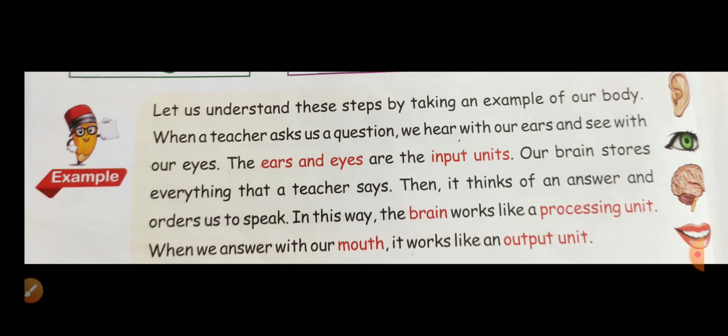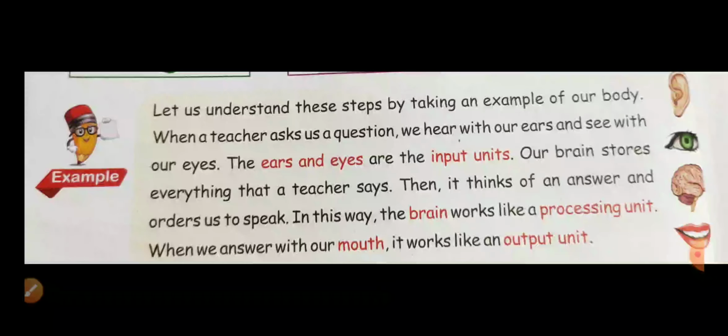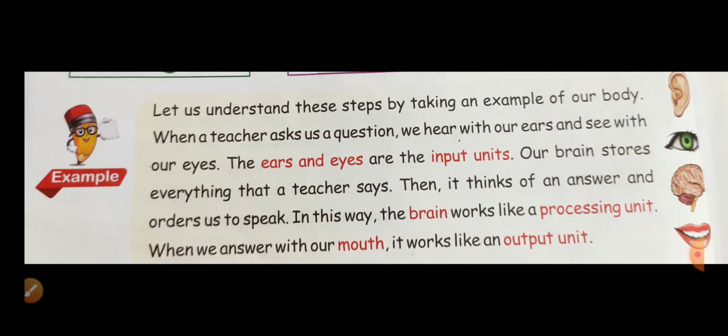Okay, now see, in the class, when teacher teaches something, we listen to it with ear and see with our eyes. So ears and eyes are input devices. Then after taking the instruction from the teacher, we think in our brain for an answer.